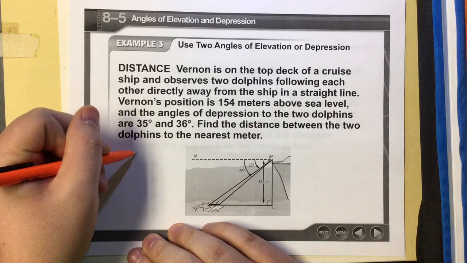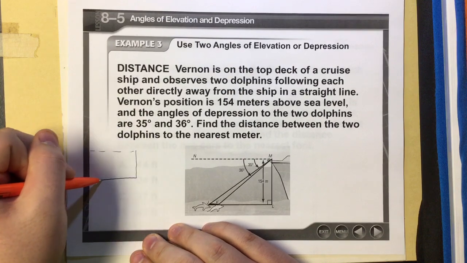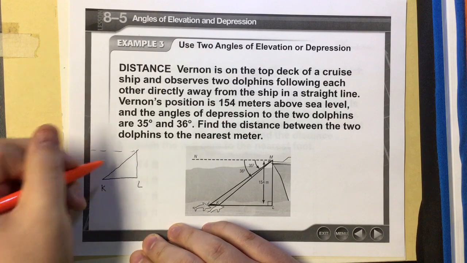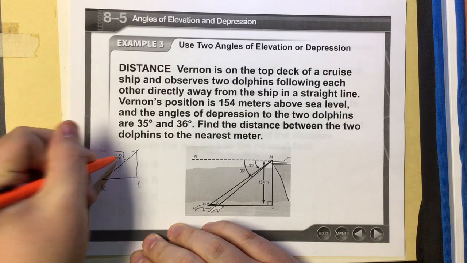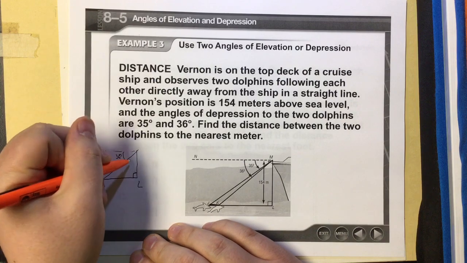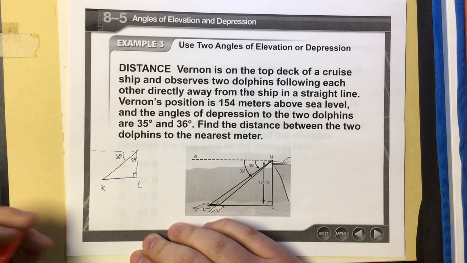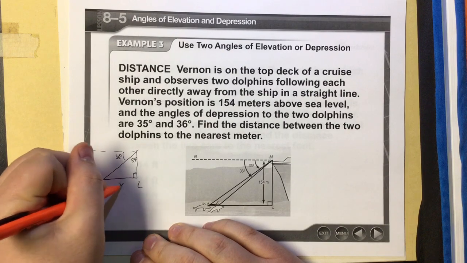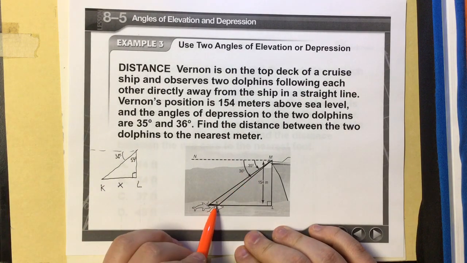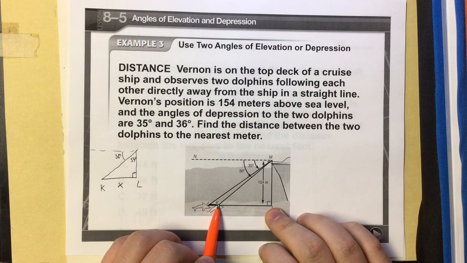One of them where we have KL, and this is a 36-degree angle of depression. We can subtract from 90 and find that this one is 54 degrees. And find x here. So that's K to L, that's this piece right here.